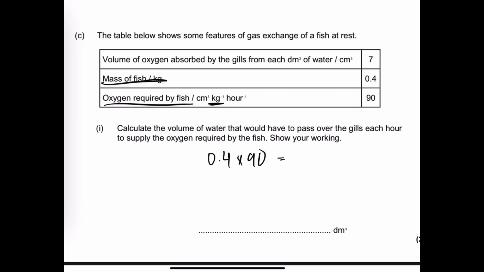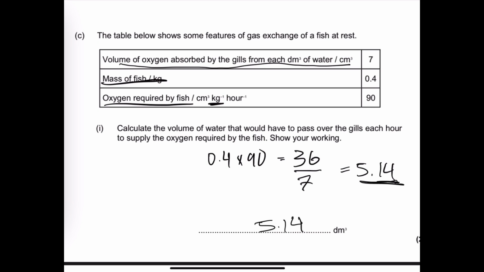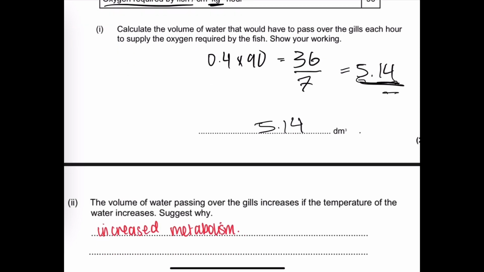This will equal 36. And this is the volume absorbed of each water in centimeters. That means you divide it by 7, which is 5.14, which is the answer. Always try to put it to at least 2 to 3 significant figures, 2 decimal places. So don't just round it to the whole number.